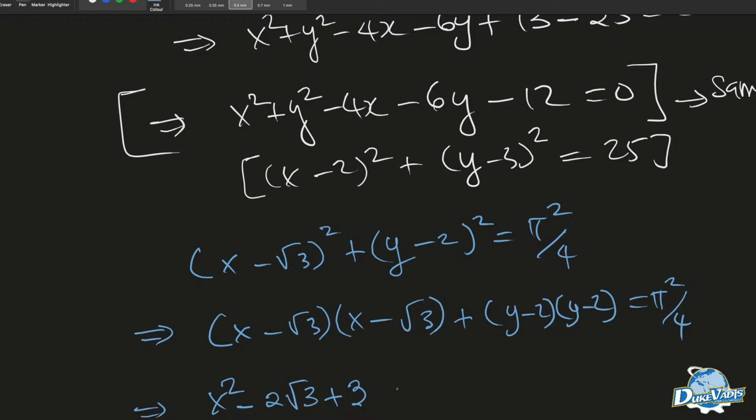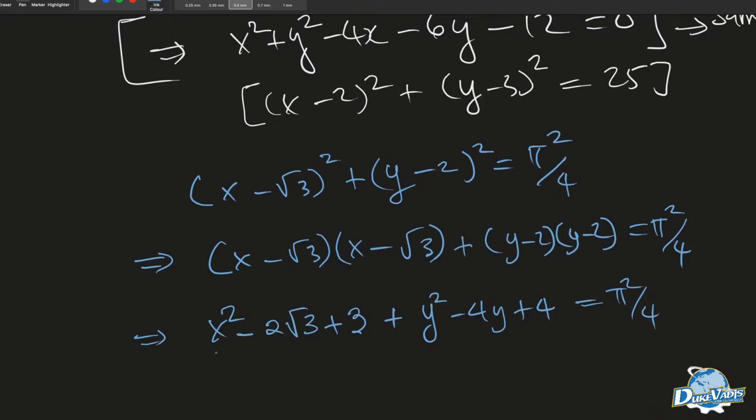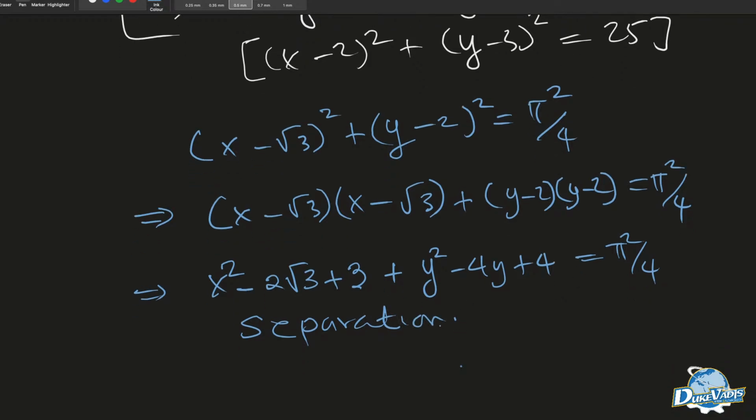Now let's handle the second one, and that is y squared minus 4y plus 4, pi squared over 4. Now we can do our separation. Don't get confused. We separate all the x's on one side, all the y's on one side, and the normal values as well.